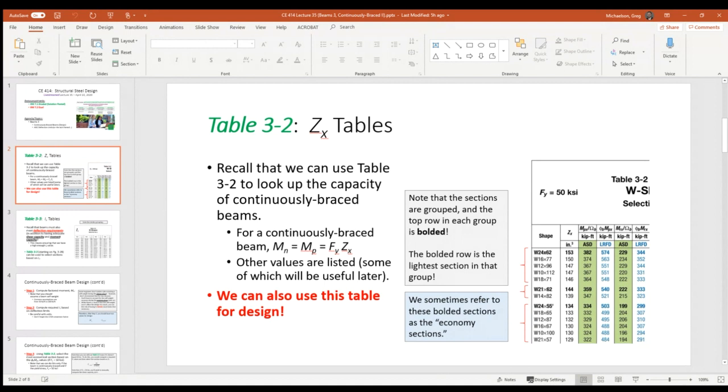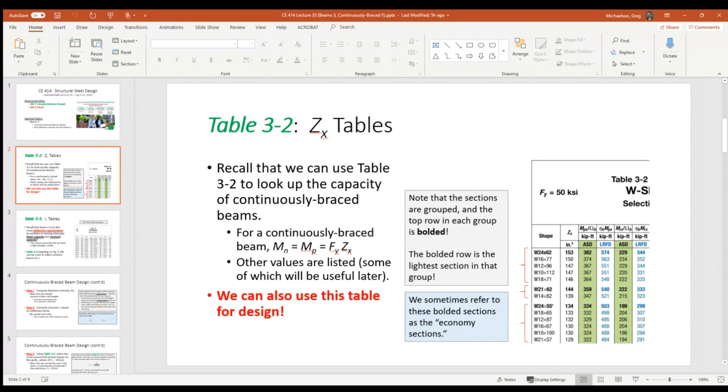So in design mode, I would pick the lightest that I could. I would go to a particular group, and then pick the bold row. This is one of those scenarios where it doesn't matter so much about the design efficiency, Mu over phi Mn, but what matters is that you're picking the most economical shape.